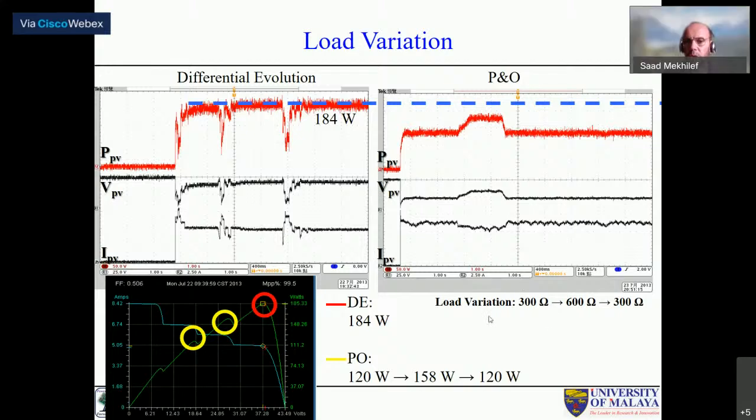Okay, so we do load variations from 300 ohms to 600 ohms and to 300 ohms again. You can see the DE algorithm is accurately tracking the MPP compared to the P&O.